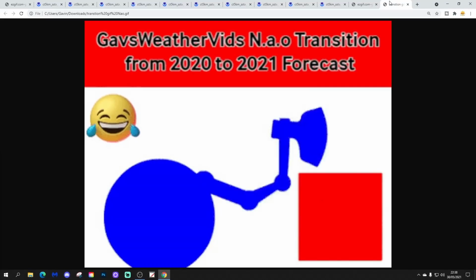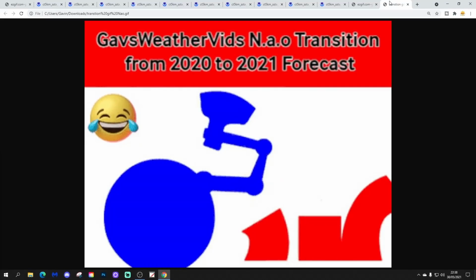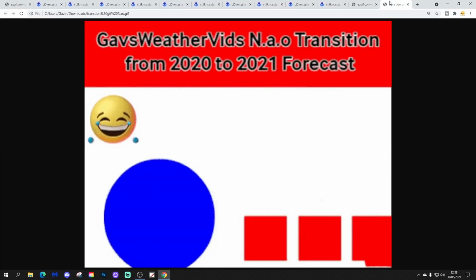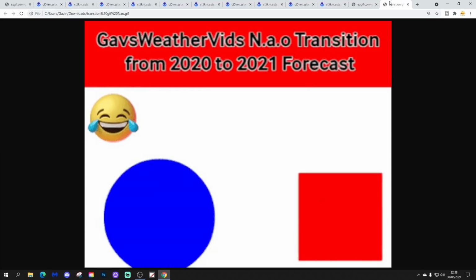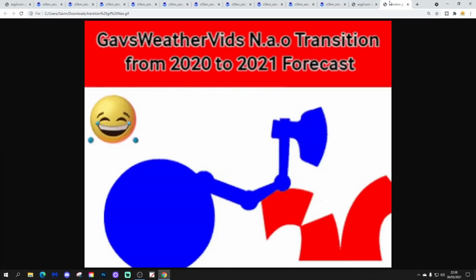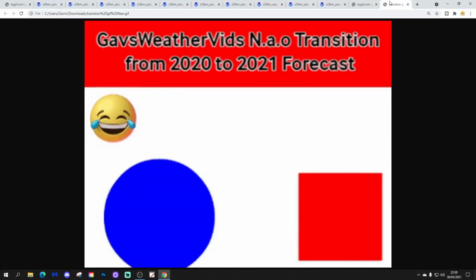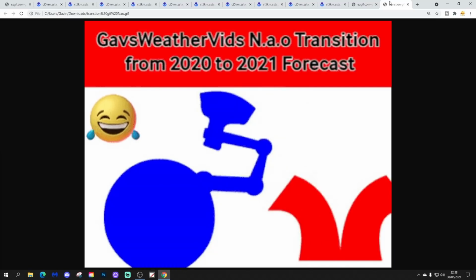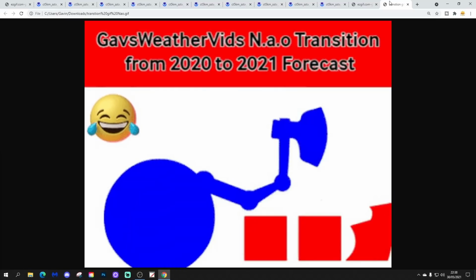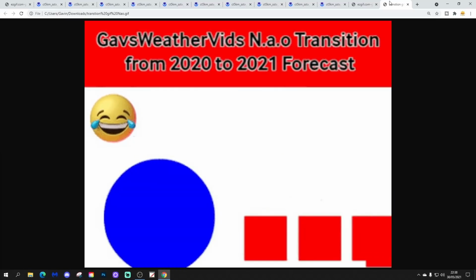Now, this is our swingometer, Rich created this. The red area there that's being knocked on the head is the NAO forecast from 2020-2021, which was neutral to weakly negative. The blue circle knocking that NAO forecast on the head with the axe is the NAO forecast for the winter of 2021-2022.